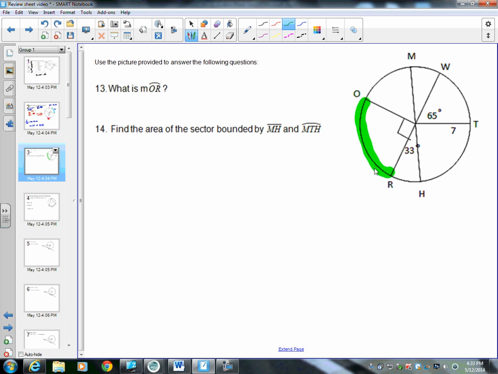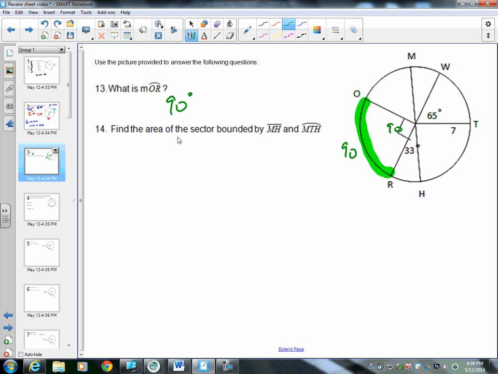The easiest way is to look at what's given to us, and we see the central angle is this little box thing, which means that it's 90 degrees. And if the central angle is 90 degrees, that means the intercepted arc is also 90 degrees. Remember, the central angle is always equal to, or congruent to, the measure of the intercepted arc.